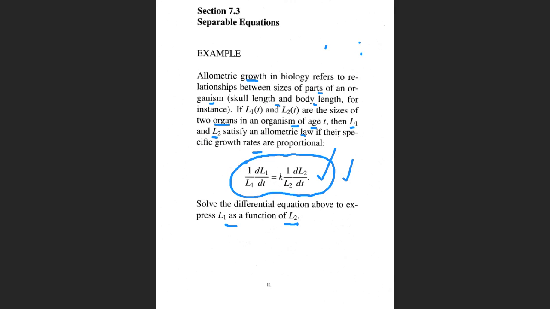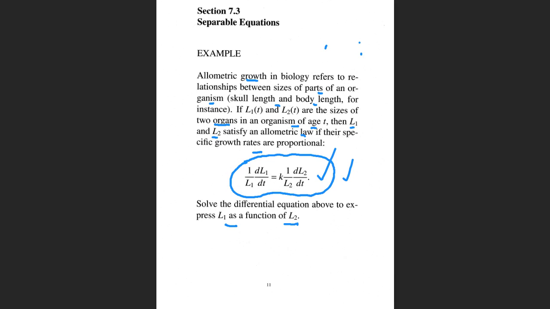Okay, so again, we have this differential equation. Does it look like the variables L1 and L2, which are functions of t, are already separated? Yeah, they're separated.